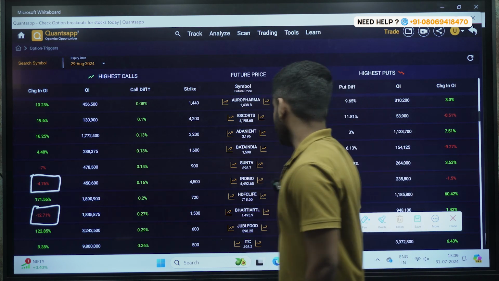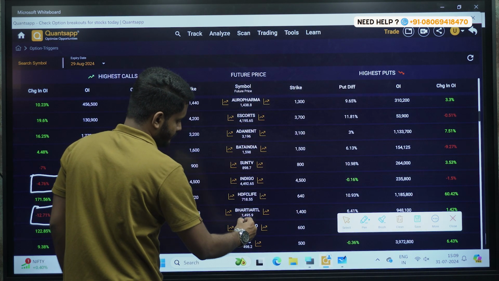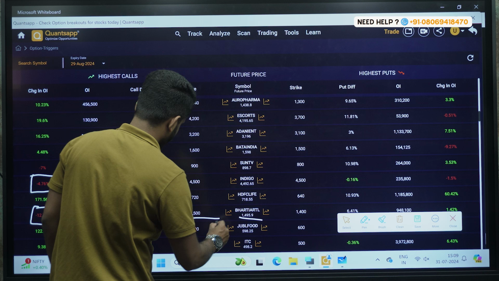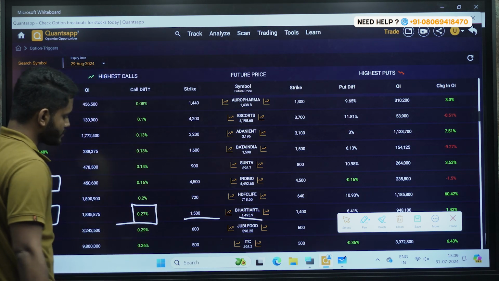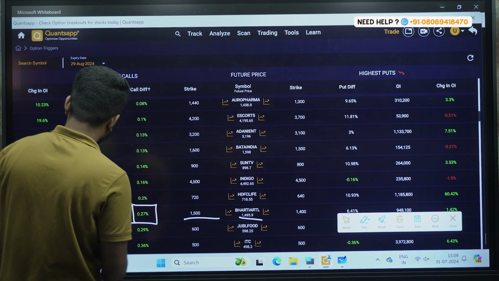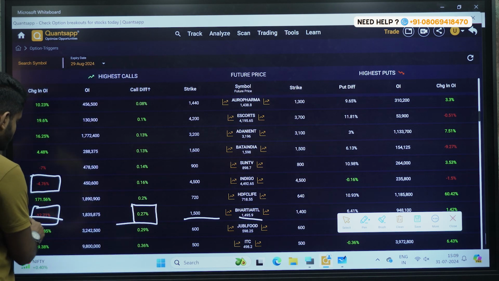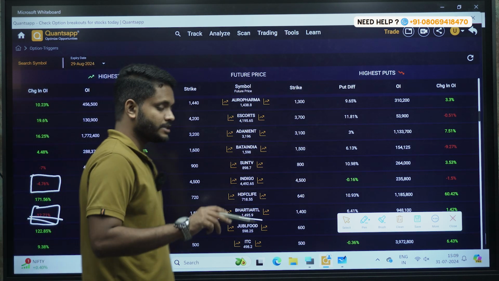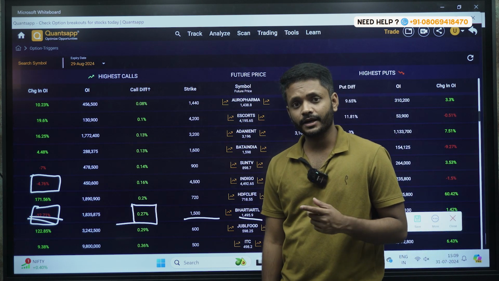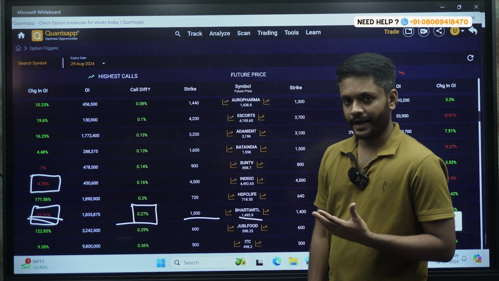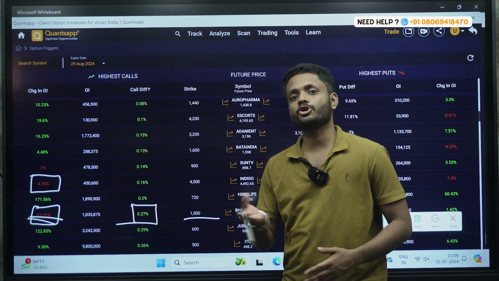Bharti Airtel is currently trading at 1495, and the resistance is 1500. The call difference falls in my criteria, my rule was 0 to 1%, and it is 0.27%. Along with that, you are supposed to check whether the change in OI is negative or not. The more negative the figure, the better the trade, and the better the possibility that the stock might break out.